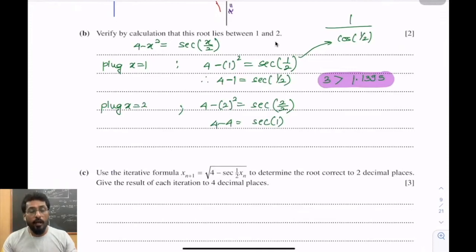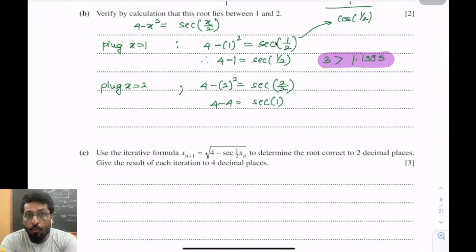So 4 minus 4 is going to be 0, and let's not put the sign here yet. Let's first get the value of sec of 1. I get cos of 1 and take the reciprocal of that value. It's 1.8508.